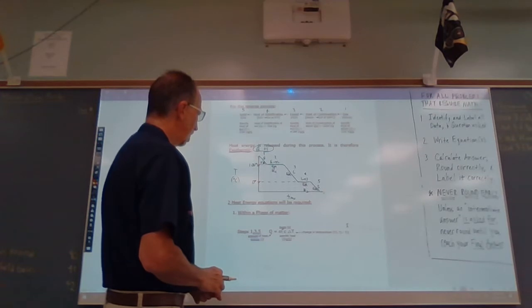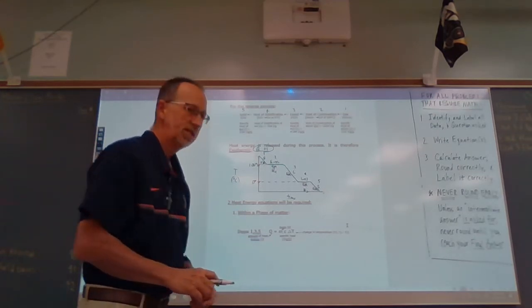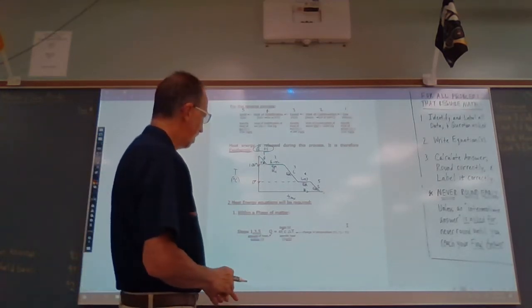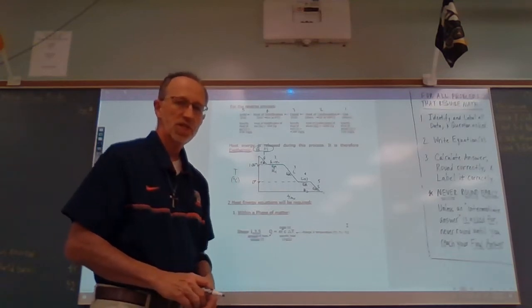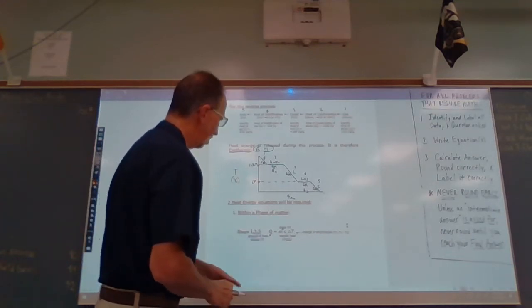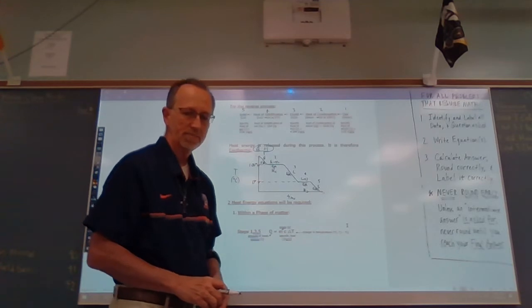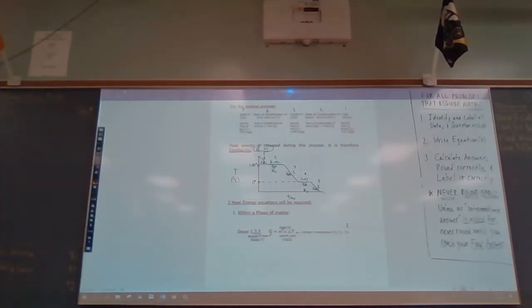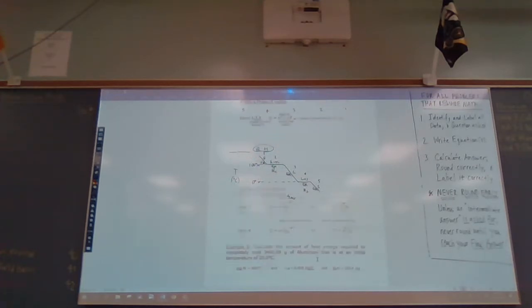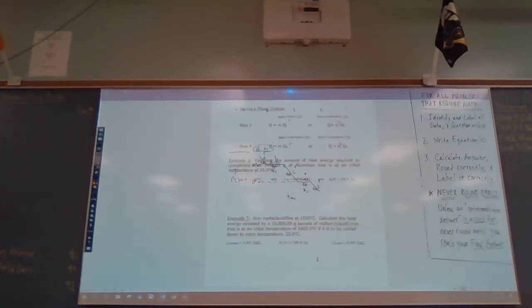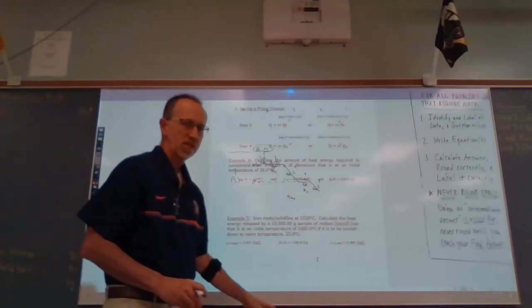So we're going to use 2 heat energy equations involved here. Of course, if we have a thermal energy change, which is within a singular phase of matter, we're going to use the heat equation, Q equals mc delta T. And if we involve a phase change, then of course, now there is no change in temperature.